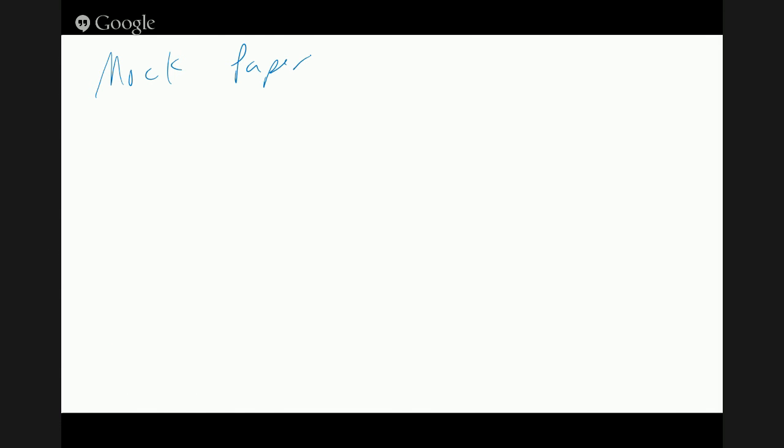Mock paper 2, question 6II. This is May 2011. There's a link on the resources section of Haiku giving you a link to a folder that has these 2 practice papers in it. So let me find it.